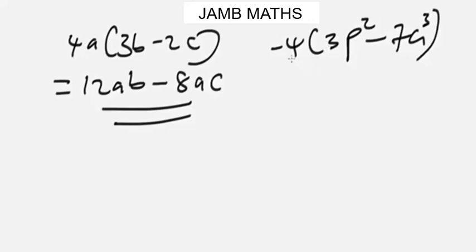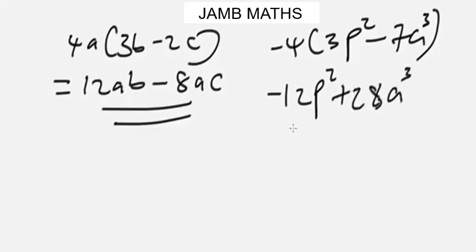Minus 4 times 3p squared gives us minus 12p squared. Minus 4 times minus 7a cubed: minus times minus gives us plus, so this gives us plus 28a cubed. So that will be the answer to this question. It's as simple as that.